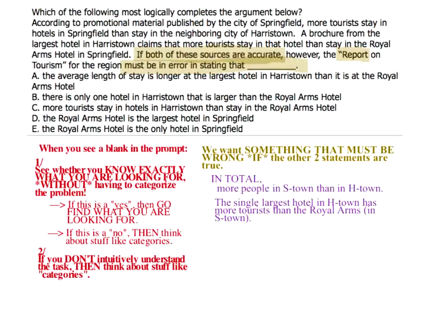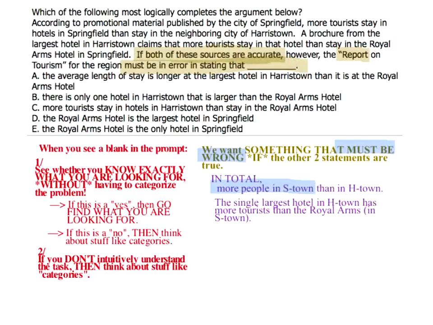Well, let's see if we can link these up before we start exploring answer choices. You're looking for something that must be wrong. So if we can get a sense of what must be true, then that'll help us here, because then we can just pick things that are the opposites of the things that we know. So notice that we need to have more people overall in S-town.